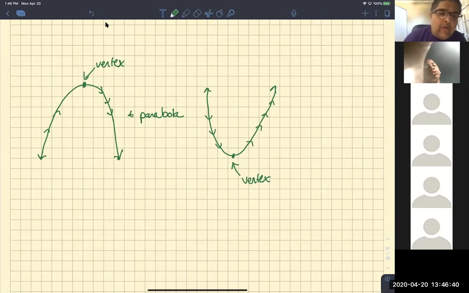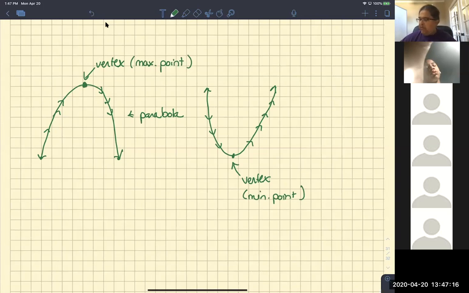Now, that point, the vertex point, has a significant value. If we have an upside down parabola, the vertex point is known as the maximum point. And when we have an upward facing parabola, the vertex point is known as the minimum point. Let's talk about the upside down parabola first. It's called the maximum point because that's the highest point you can get on that parabola.